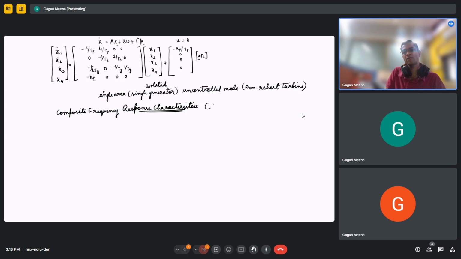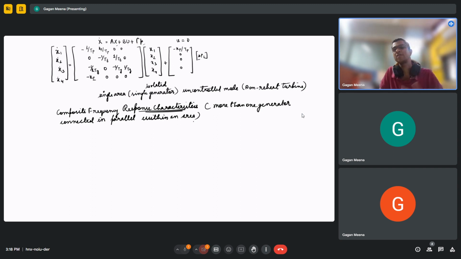If there is more than one generator connected in parallel within an area. In one area, if there are a number of generators connected in parallel, we will see how the parallel connection of generators helps and how that is helpful.